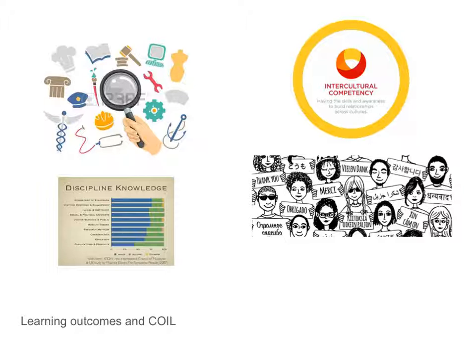You can think about whether you are focusing on disciplinary outcomes or to the extent that you are having your students develop various intercultural competencies as part of the COIL collaboration. Either or both of these are reasonable kinds of learning outcomes for a COIL collaboration.